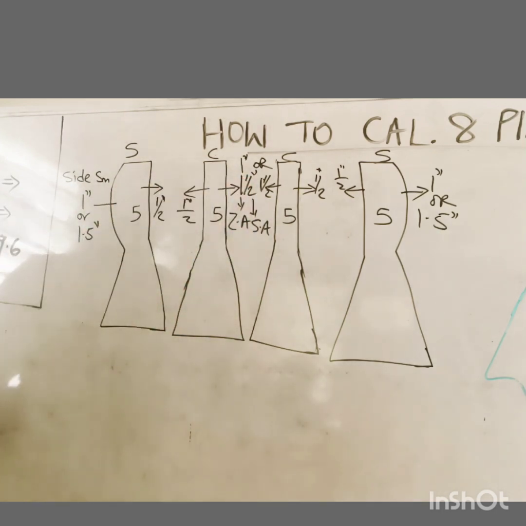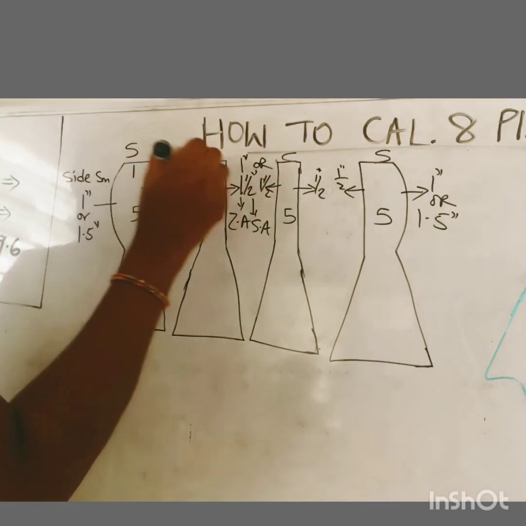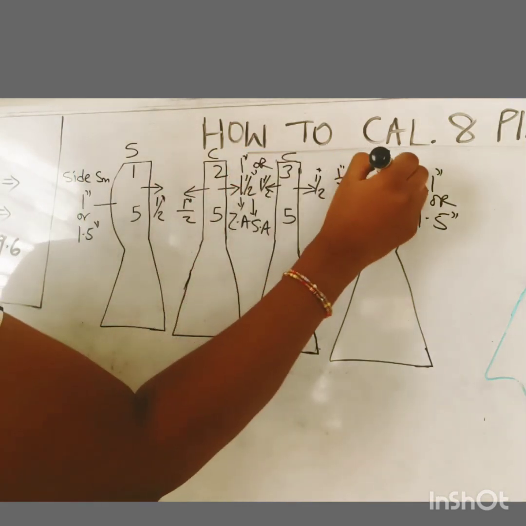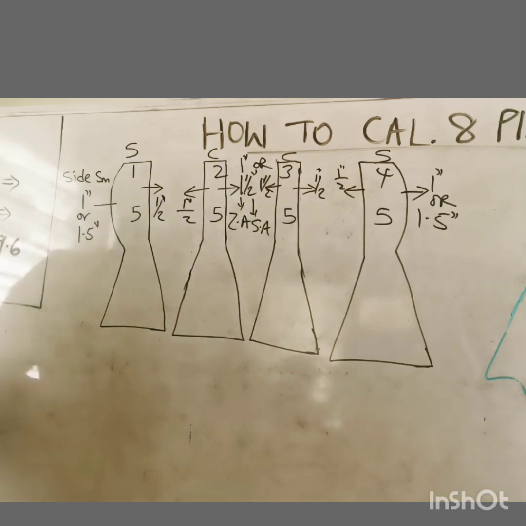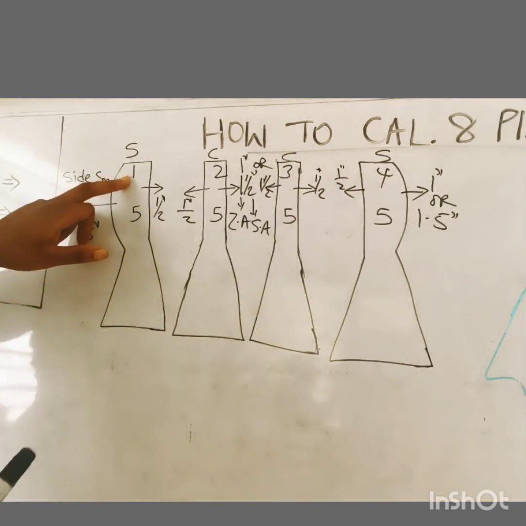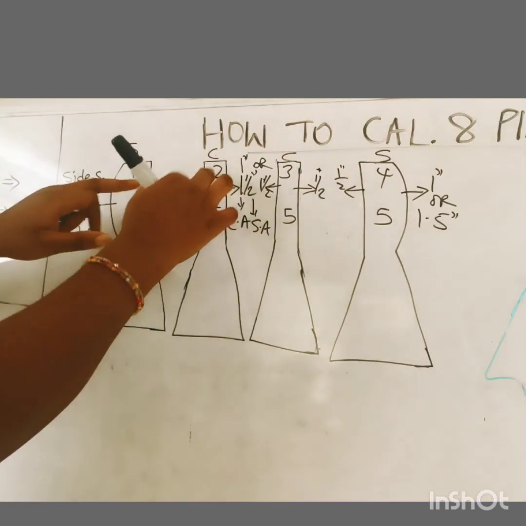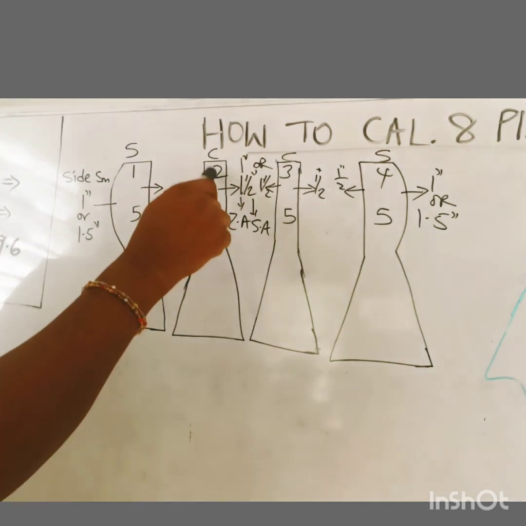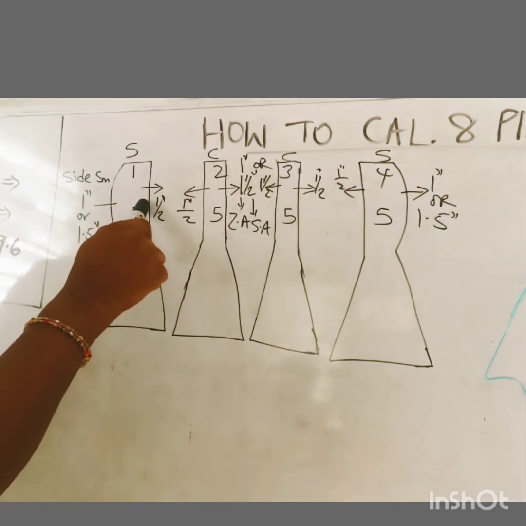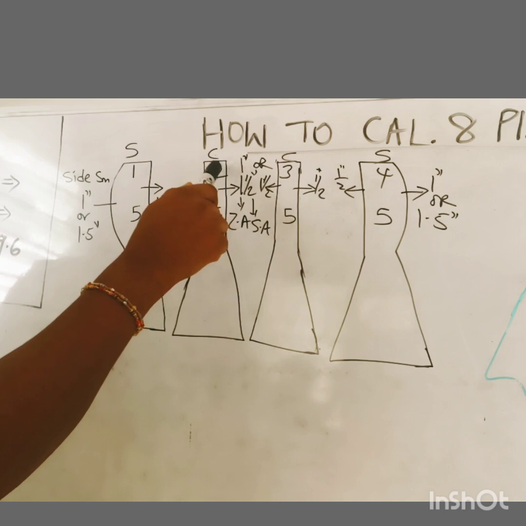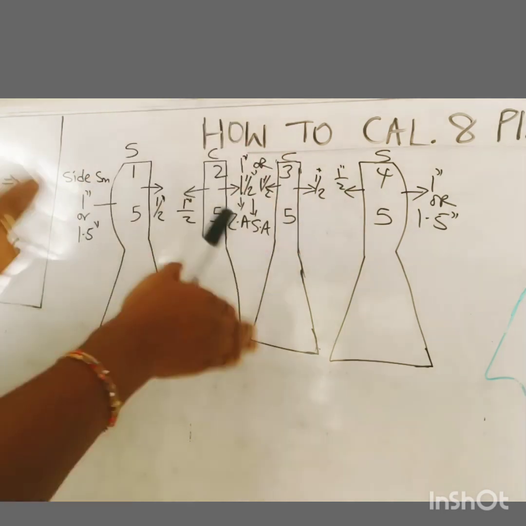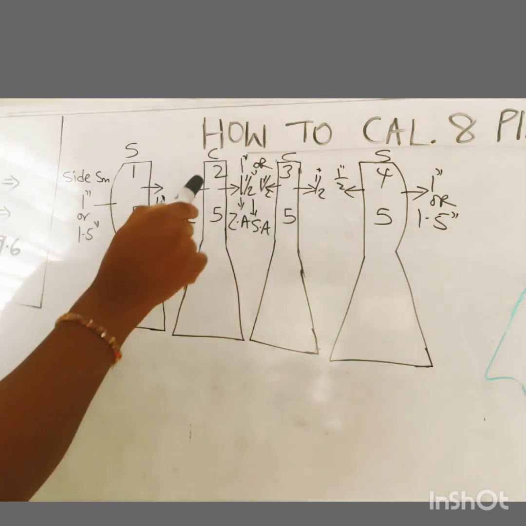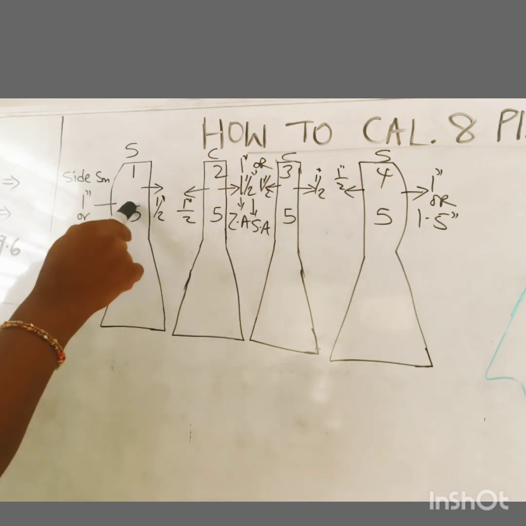Okay, so let me label it so that 1, 2, 3, 4 for clarity's sake. So you need 1/2 inch to join 1 to 2. You need 1/2 inch to join 2 to 1, and also to join 2 to 3. Know that they are paneling. Okay, so you need 1/2 to join 2 to 1.